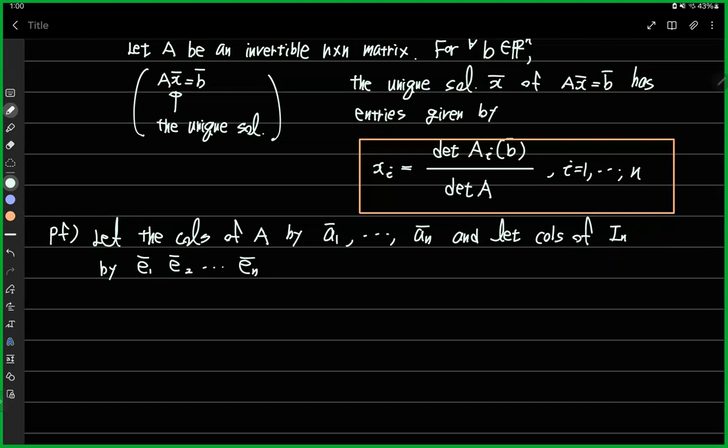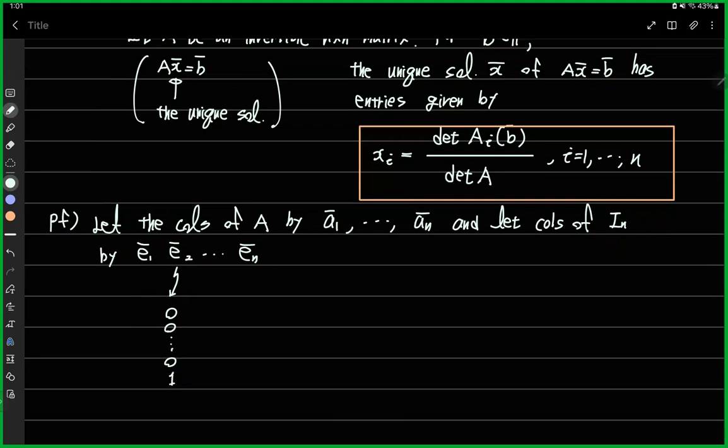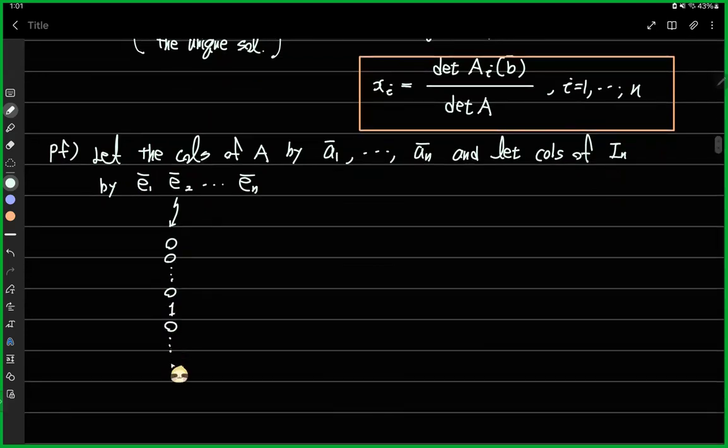For example, E2 is 0, 0 through to 0 and 1, and then 0 through to 0.